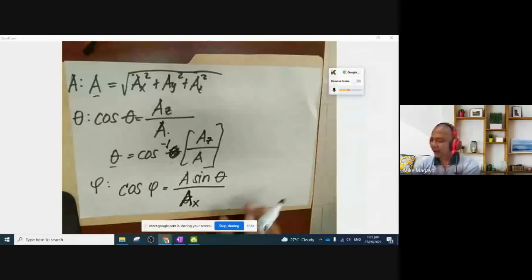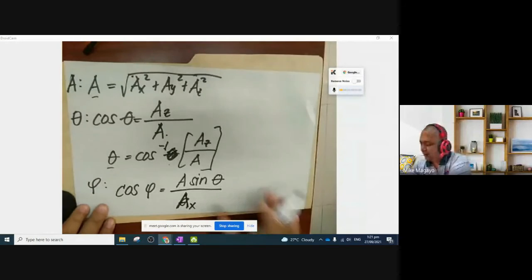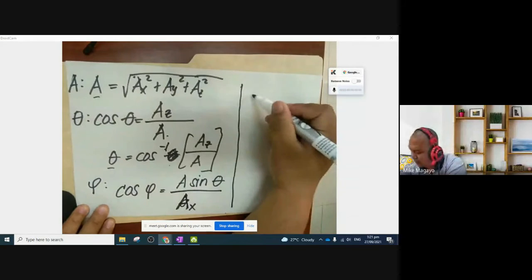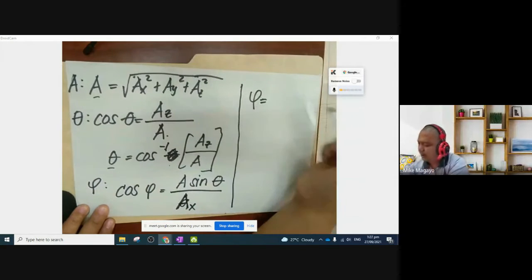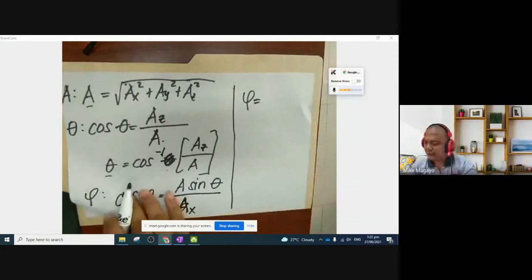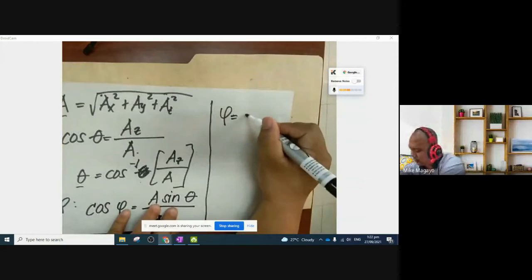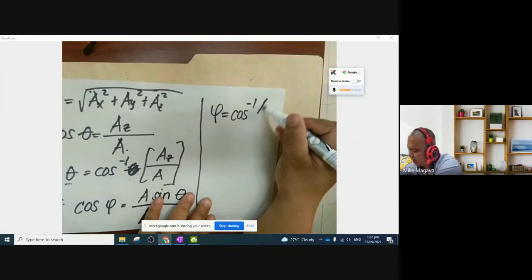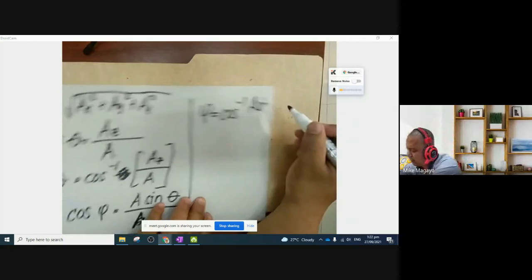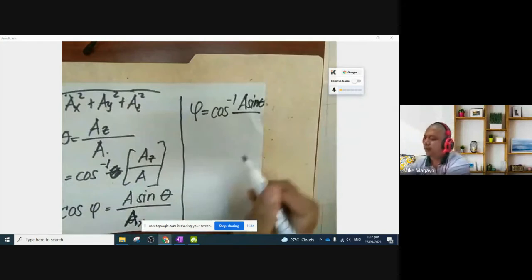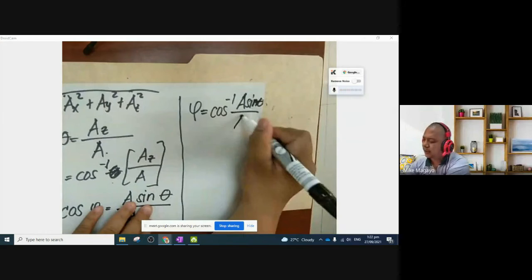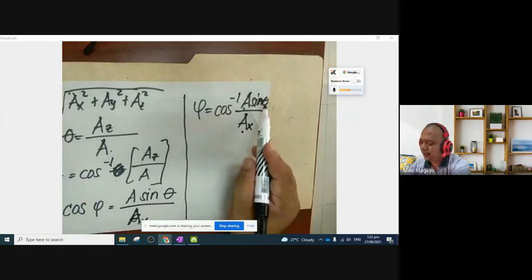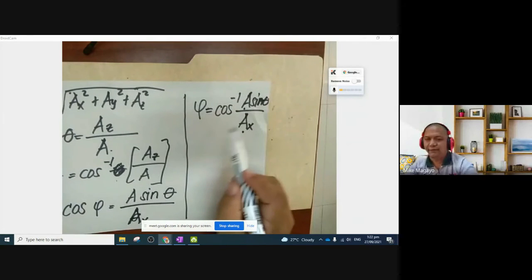Okay, so that's cosine phi. To determine phi, we need to use the inverse function of cosine. So that's cosine negative 1 of A sine theta over A sub x. A is given here, A sub x is given already, then theta is given here. So you can determine the value of phi.